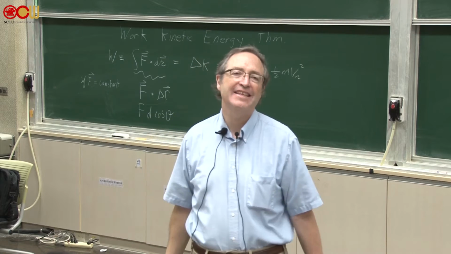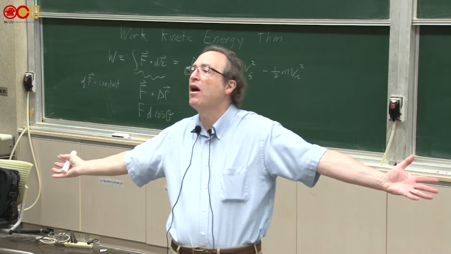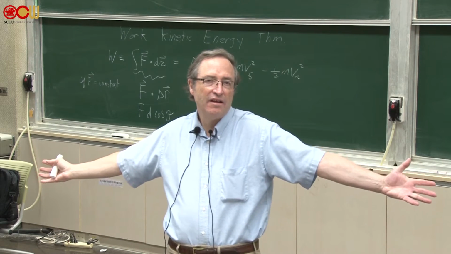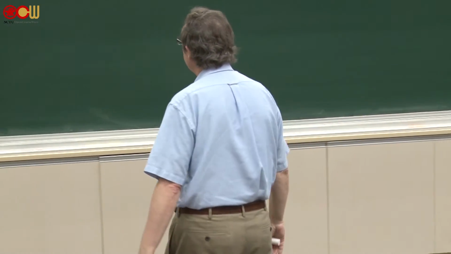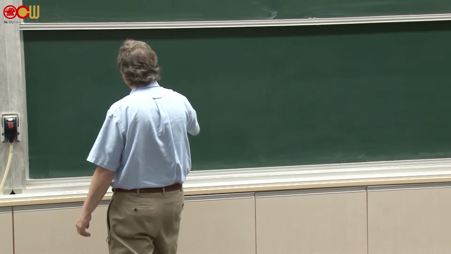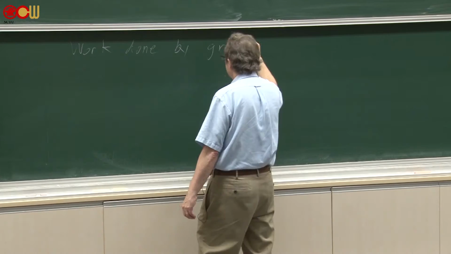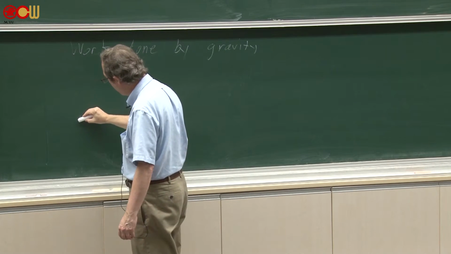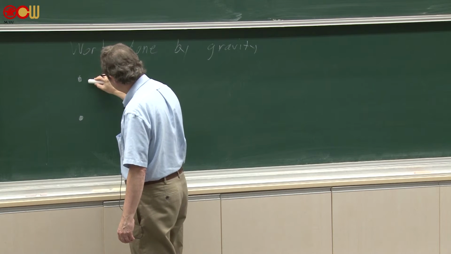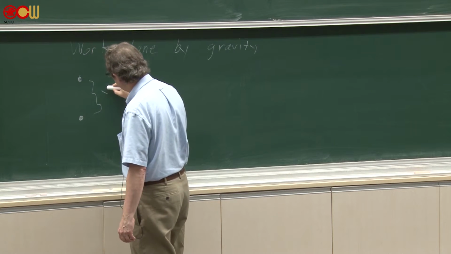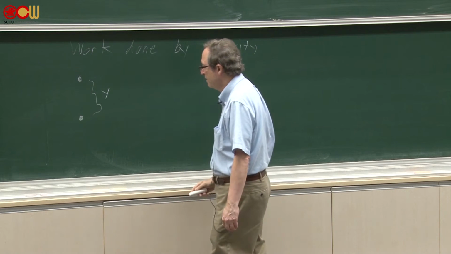All right, now an example of that, in fact, the only one we know right now, is gravity. All right, so let's take a look at that. Let's look at the work done by gravity. So let's say I take a path from here to here, and this distance we'll call y, right?